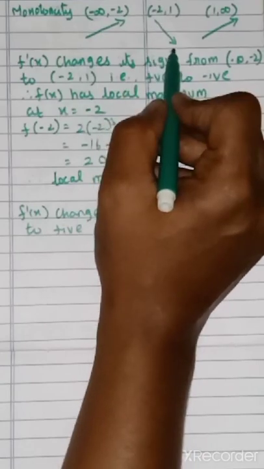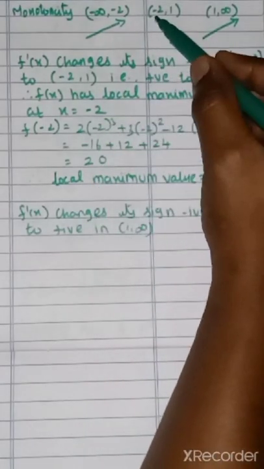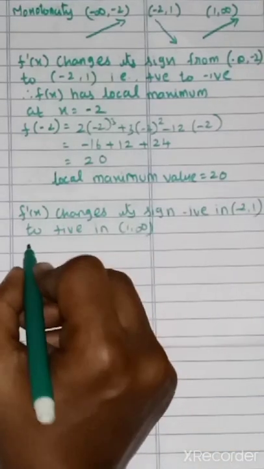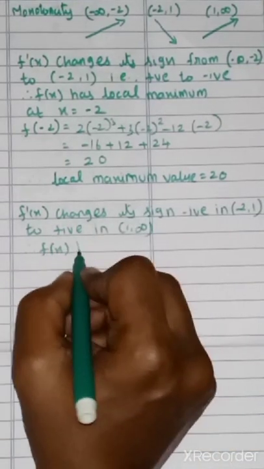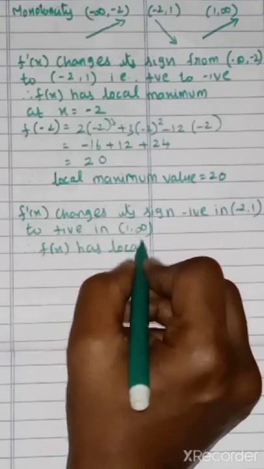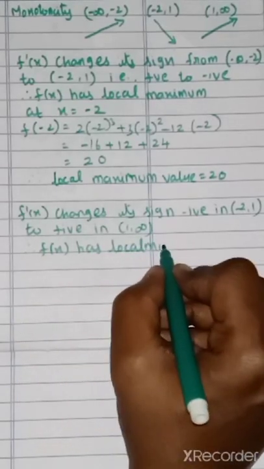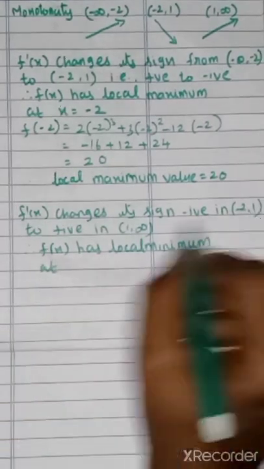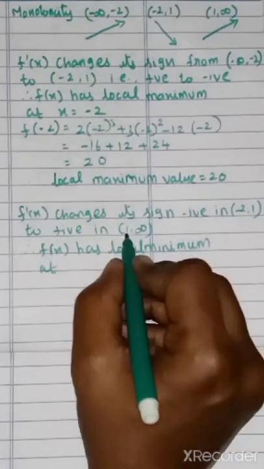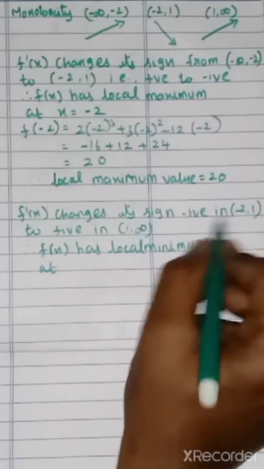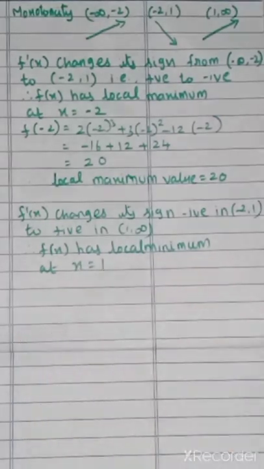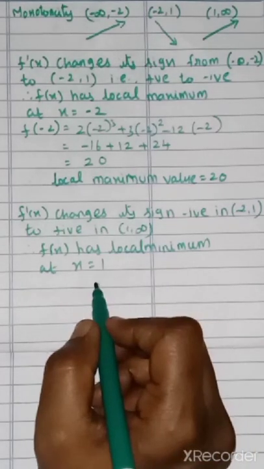So negative reaches and again positive starts. Therefore f of x has local minimum at x equal to 1, where it decreases and then increases. So f of x has local minimum at x equal to 1.